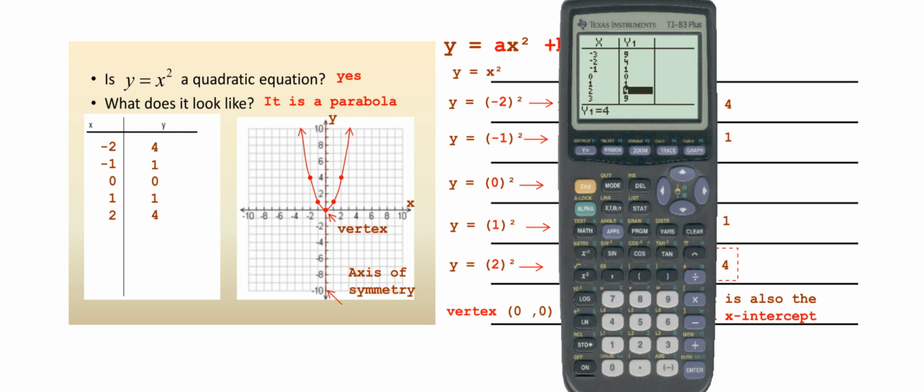My recommendation for next time: I highly recommend you plug your equation in here. In this case, it's x squared. You graph it so that you can see what it looks like, and from there select your x values. And then help yourself by seeing the table and filling it in.